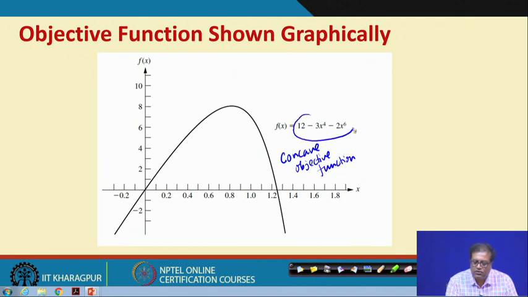Right. So, this shows the objective function is concave. We have also shown the objective function is concave by taking the second derivative, and we saw that the second derivative is negative.